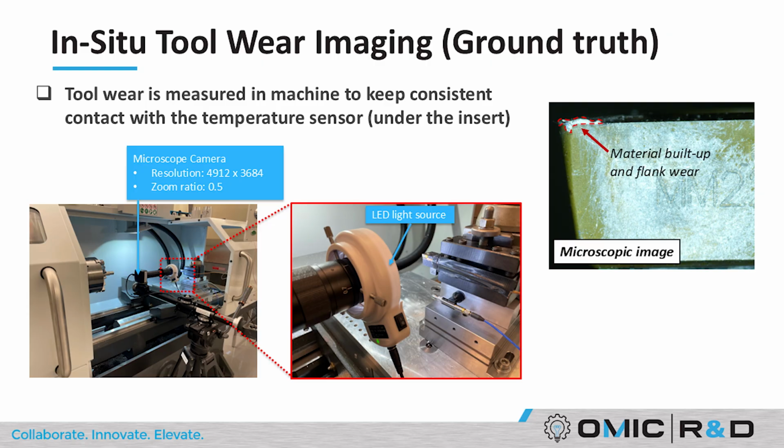However, we found that when we reinstall tools, some inconsistency develops due to the tolerance of the assembly. So finally, we came to the idea to measure everything within the machine. But it also gives us some challenges, which we are going to show in the next few pages.